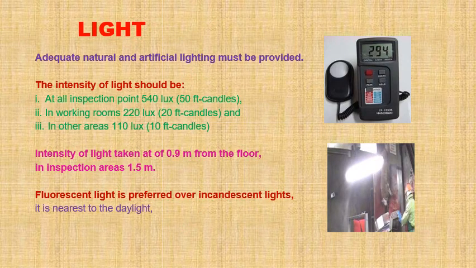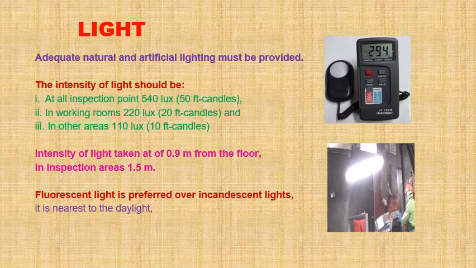Light. Light is one of the very important requirements for all work and activities. So adequate natural and artificial lighting must be provided. The intensity of light should be, at all inspection points, 540 lux or 50 foot candles. In working rooms 220 lux or 20 foot candles, and in other areas 110 lux or 10 foot candles.